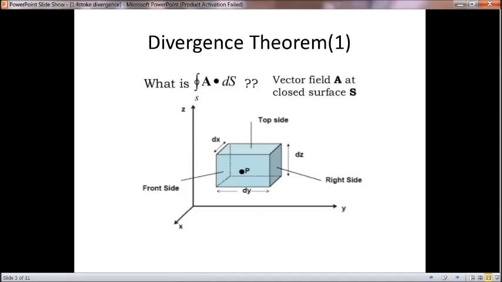This cuboid has 6 faces: top face, right face, left face, front face, bottom face, and back face. So these are the closed surfaces we have considered over here.